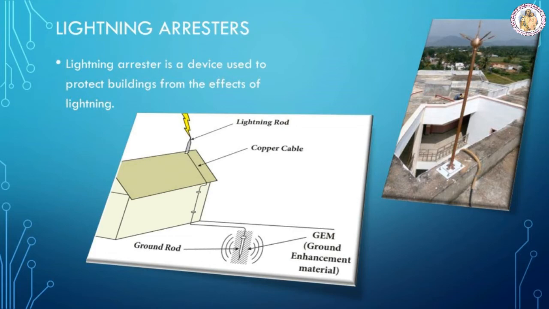The other end of the rod is placed deep into the soil. When lightning falls, it is attracted by the metallic rods at the top of the building. The rod provides easy route for the transfer of electric charge to the ground. In the absence of lightning arrester, lightning will fall on the building and the building will be damaged.